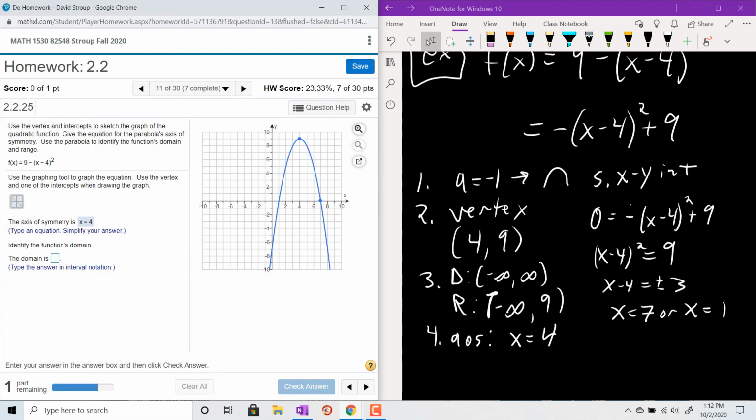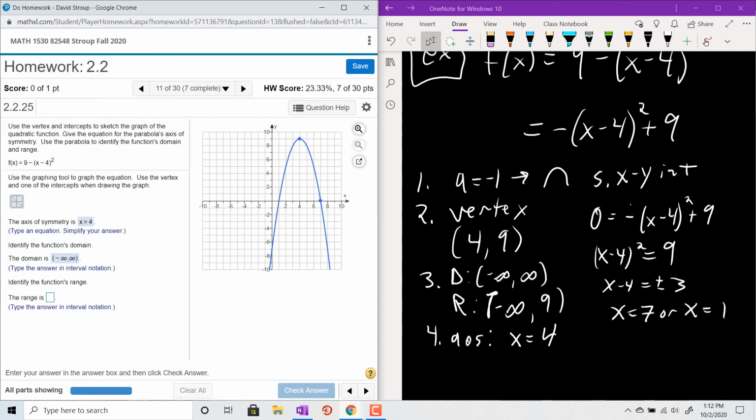Okay. And then the domain, always negative infinity. Maybe it'll allow me to do backslash infinity. Yeah, it does. Comma, infinity. Answer. Okay. The range, of course, sad face, so negative infinity to 9.